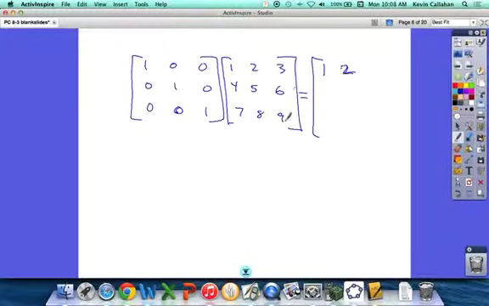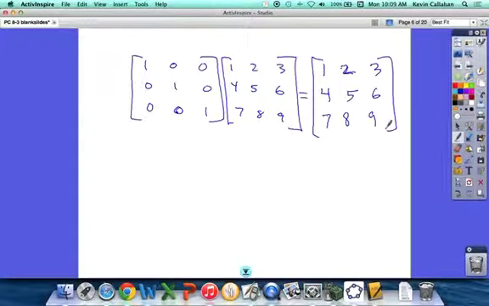3 plus 0 is 3. So you can see how it's picking out just these values. 0 plus 4 plus 0. 0 plus 5 plus 0. 0 plus 6 plus 0. And we could finish that up: 7, 8, 9.